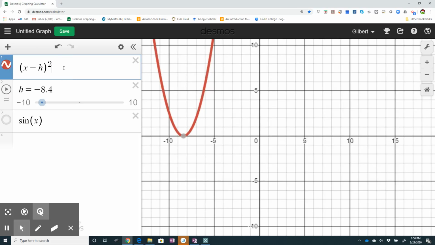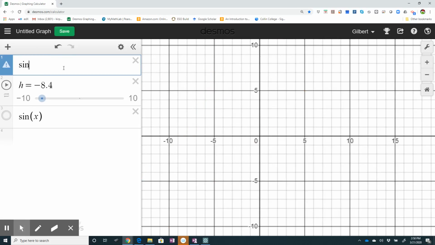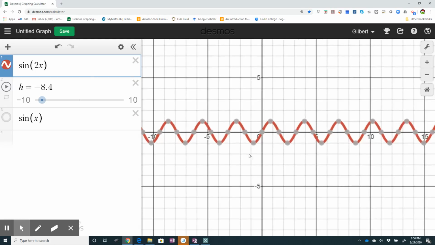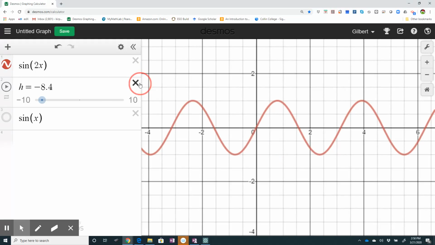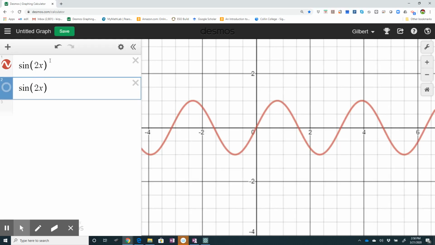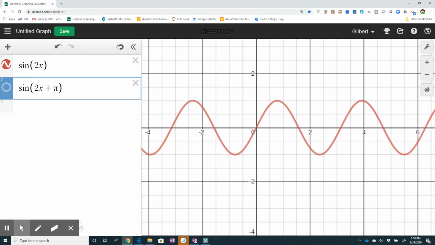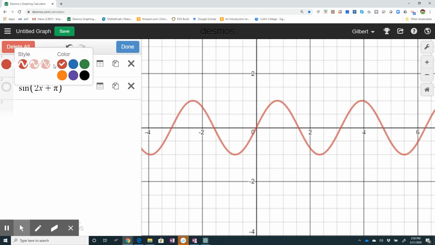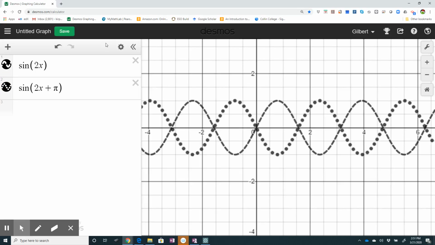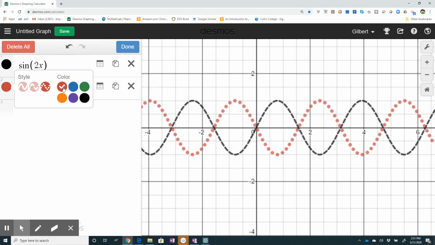Okay. So let's say I'm dealing with sine of 2x. The phase is, let's say, plus 1 or plus pi. This is the original, so this should be the one that's dotted, whereas this is not the original, so this should be the solid one.